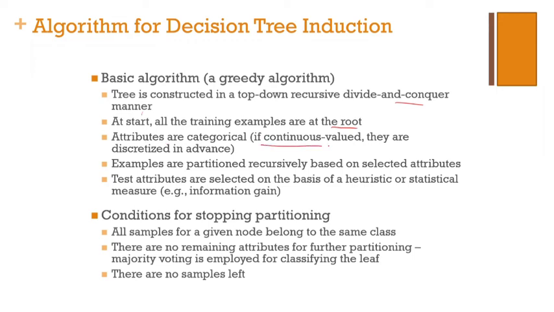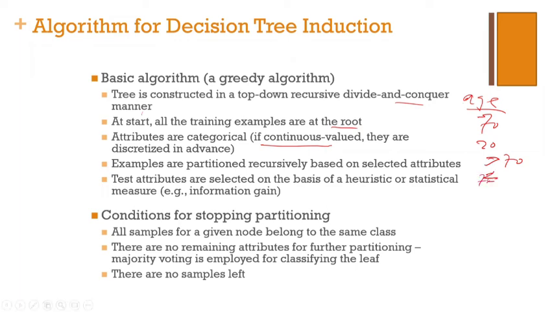If your attribute is continuous valued, you have to discretize it in advance. Maybe you have age. You have a value, maybe the age is like 70, you have 70 there, 20 there. You have to discretize them. You see? Okay, age that is less than or equal to 70, you deal with them, and greater than 70.